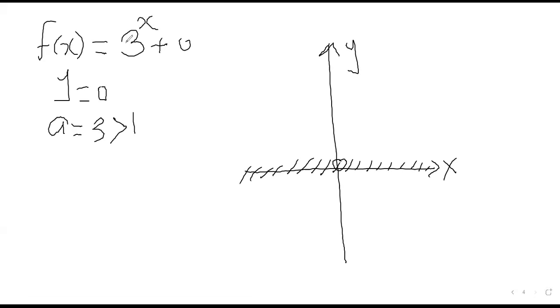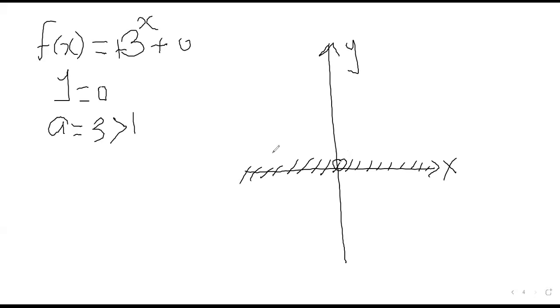The coefficient here is positive, so we expect our graph to be above the horizontal asymptote. If it were negative, we would expect the graph to be below the horizontal asymptote.